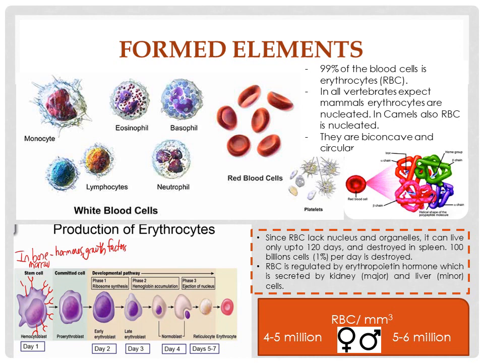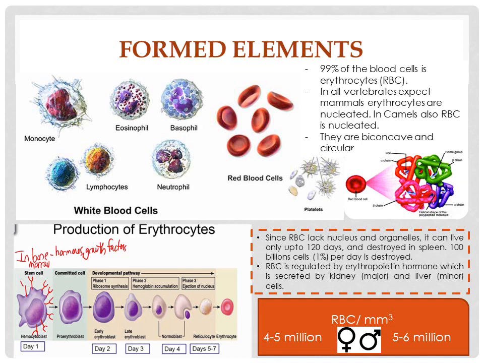Next, coming to production of erythrocytes. We know that in mammals RBC is non-nucleated. Since there is no nucleus, it cannot live lifelong like T cells and B cells or lymphocytes.